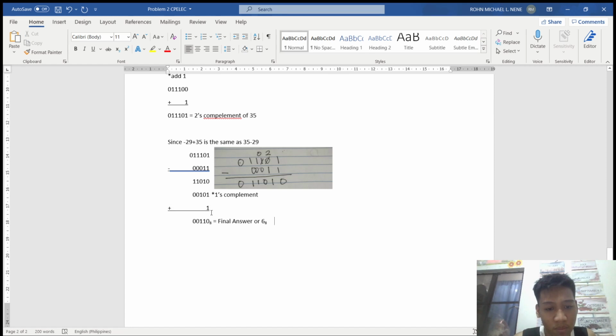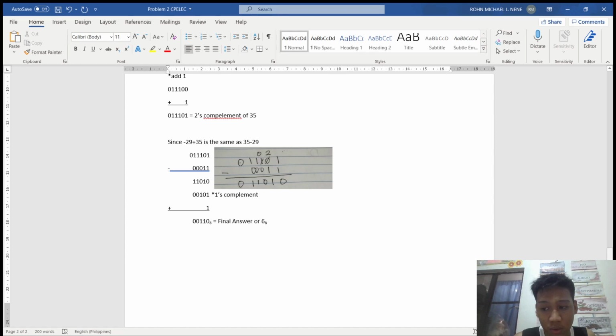By adding 1, 1 plus 1 is 0, carry 1, 1 plus 0 is 1. Then bringing down the next ones, that is why the answer will be 00110 sub 8, which is 6, which is its value.